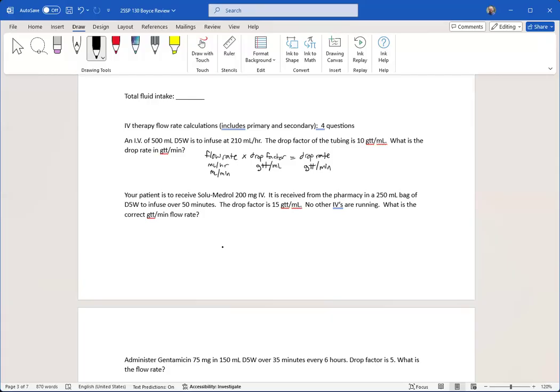Now the reason I'm illustrating that, and saying, well, didn't you just tell us that drop rate is drops per minute? Yes, but technically you can still get a drop rate that's occurring without using drop tubing. So these are specific types of drop tubing based things.